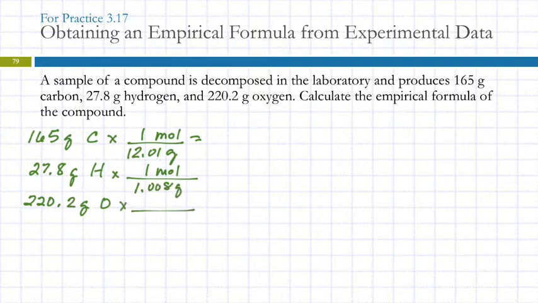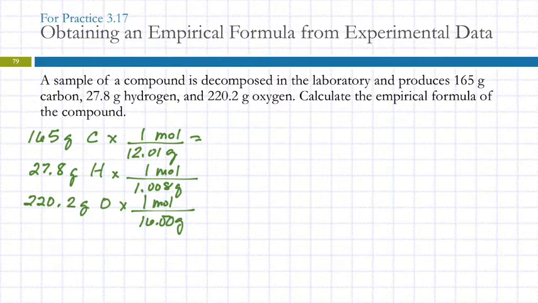And oxygen, 1 mole per 16 grams. So then we got a little math to do. 165 divided by 12.01. Do you care if we use 15.999? You can use 15.9994 if you want. That's fine.